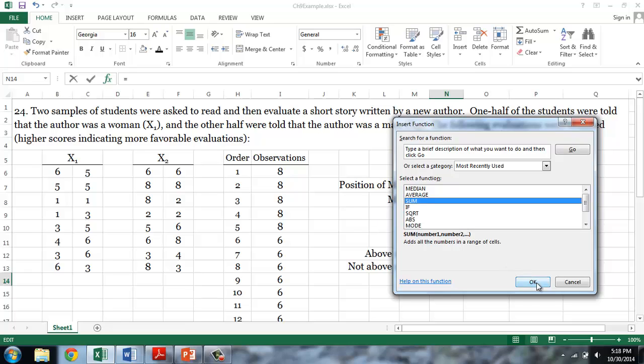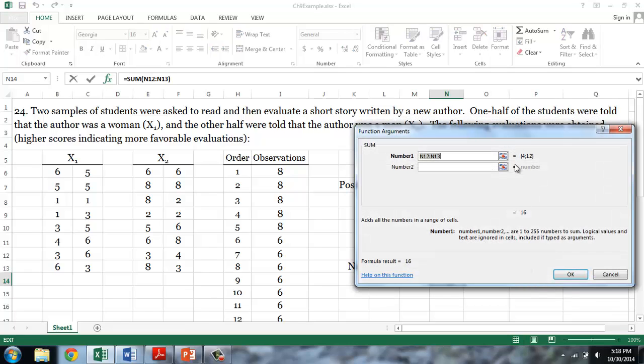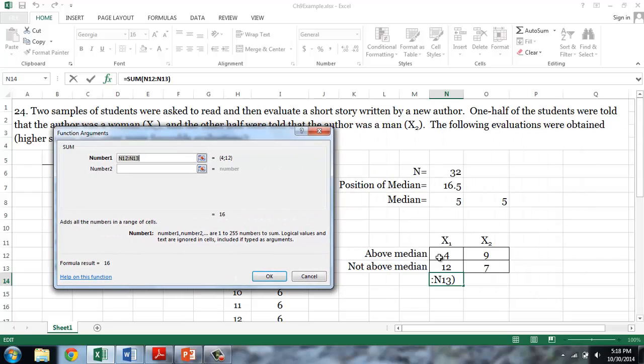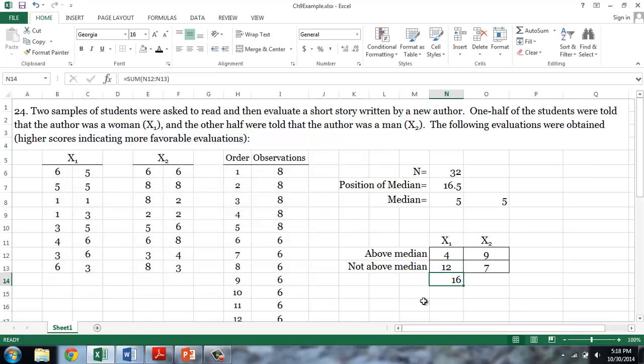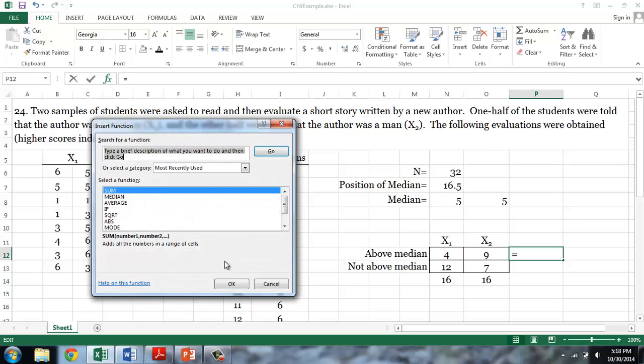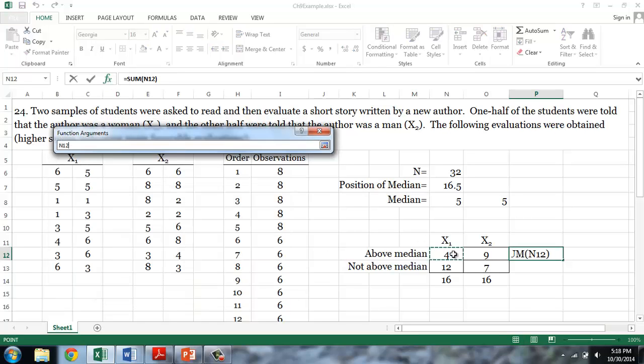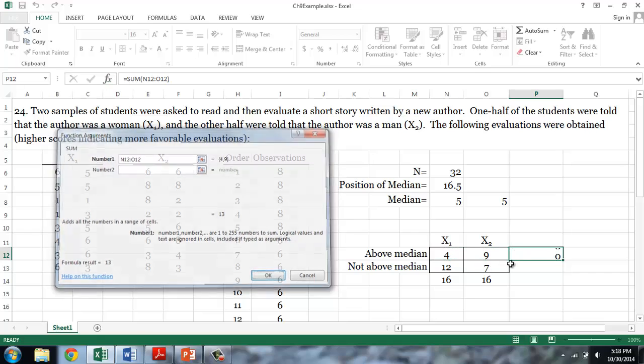I select the function sum, and the 2 cells containing observations for group X1. Copy that over to X2. And do the same for the rows.